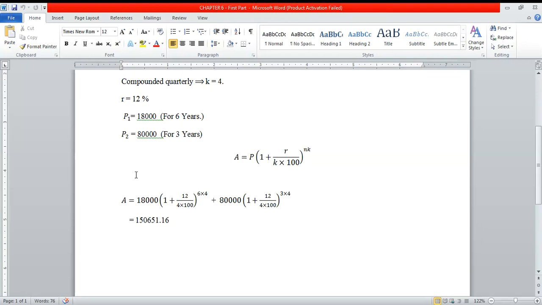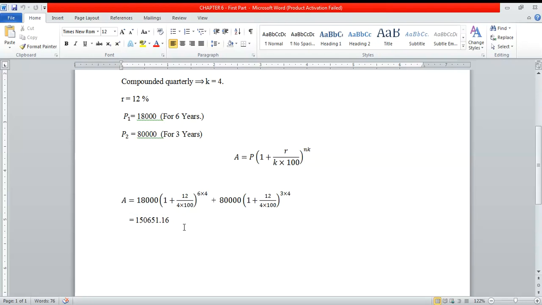So this is the total amount from the first principal, and this is the total amount from the second principal. Adding these two total amounts, we will get the total amount after 6 years.